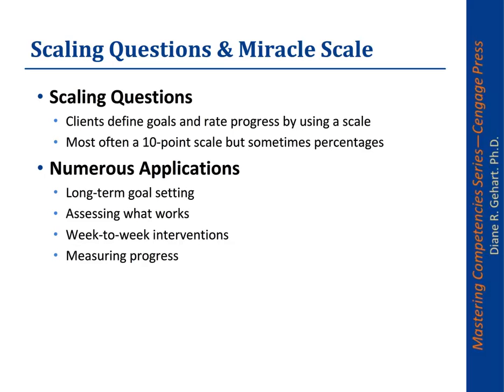So this can be a very, very powerful intervention. Again, you're identifying what works, you're identifying exceptions, and the client often becomes very hopeful. It's like, wow, I am actually quite better from when I called already, because of whatever happened in between.